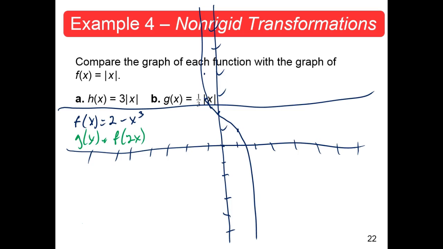Half of 0 is still 0. You keep the y's the same. Half of 1 becomes 1/2. Half of negative 1 becomes negative 1/2. So it's a very similar function. It's a horizontal shrink. You press it together like a sandwich. That's what your f of 2x is.